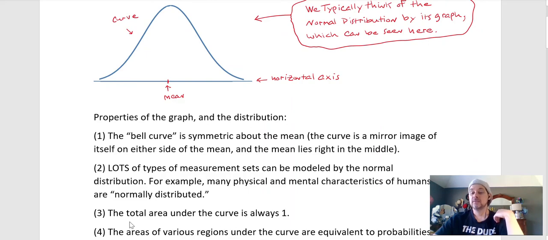Now, here's something you'll be hearing a lot about: the area under the normal curve. Let me just say for now, the total area under that curve is 1. And by area, I mean, say you're going to buy a house or rent an apartment, how many square feet is it?